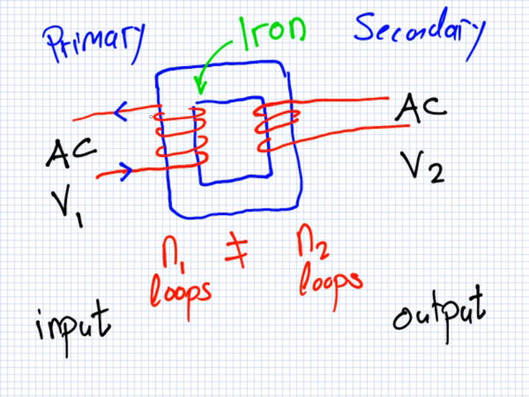So here, which way should I draw the magnetic field? Well, the current is wanting to go up, isn't it? So the magnetic field is wanting to go down. So there'll be a magnetic field going around this way.